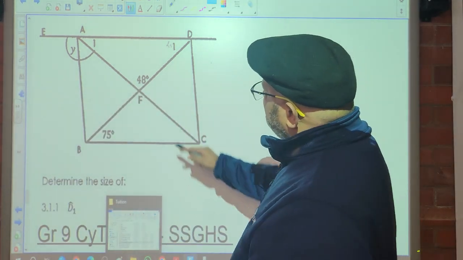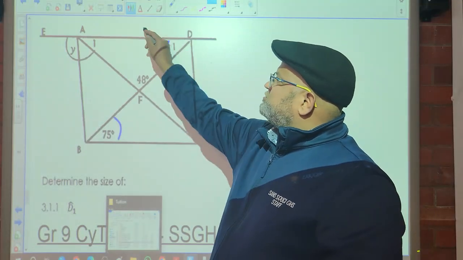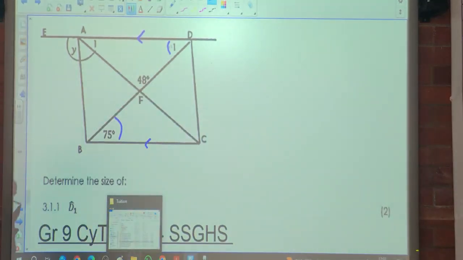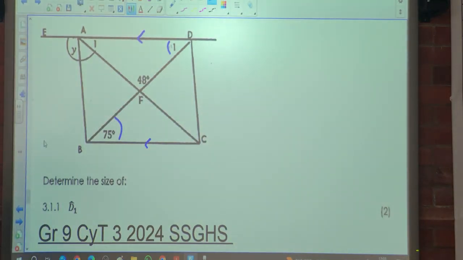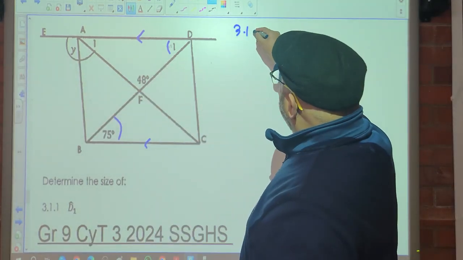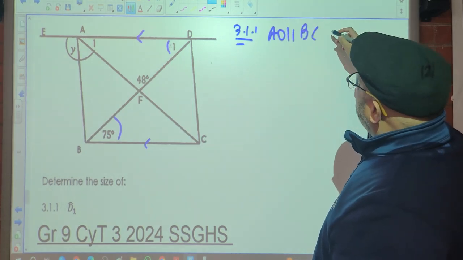Right. People, D1 is the same as 75. Why? Alternate angles. Because we know that those lines are parallel. Now, was it given parallel? No. So we must state it first. So in 3.1.1, we must say that AD is parallel to BC. Why?